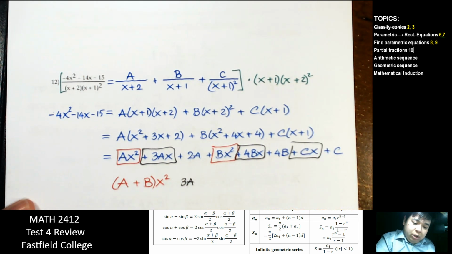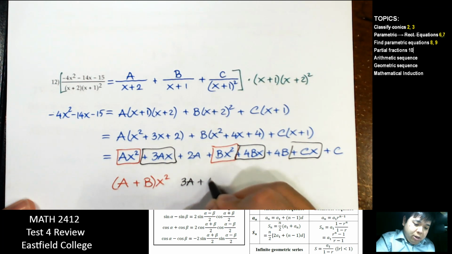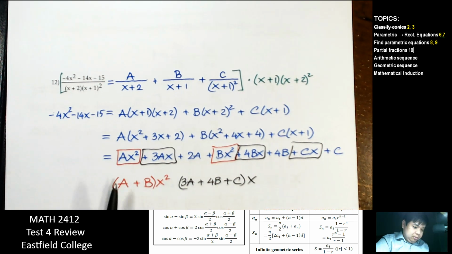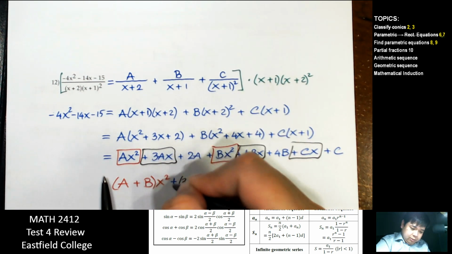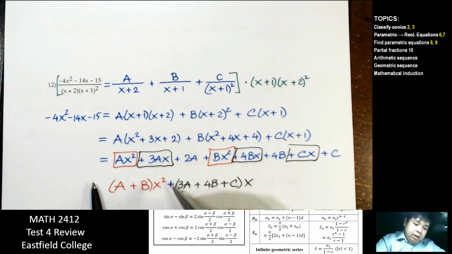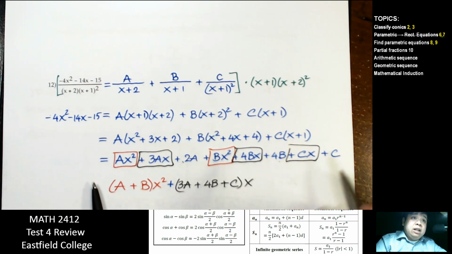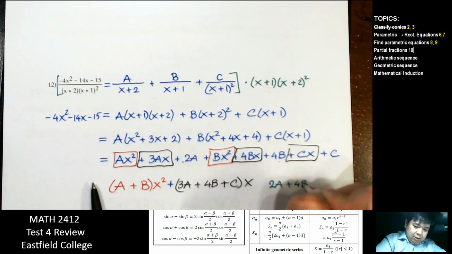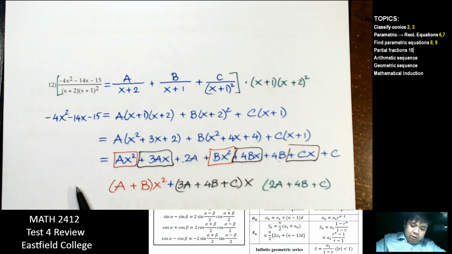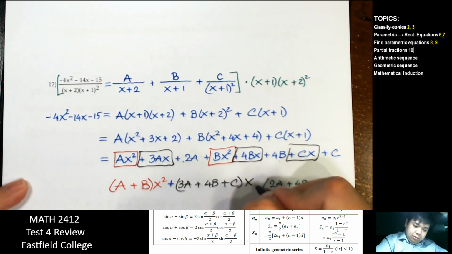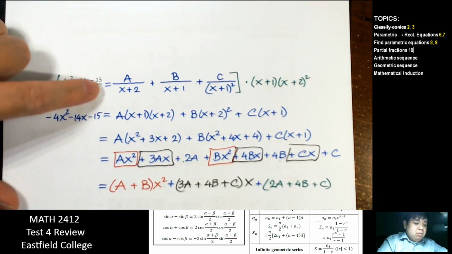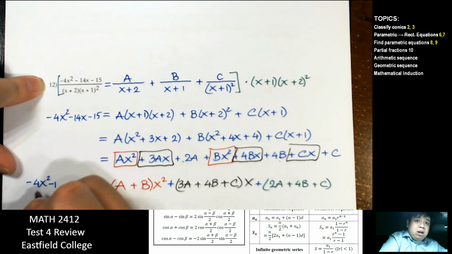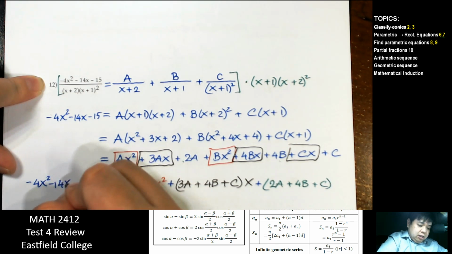Three A, 4B, and a C for x. And then 2A, 4B, and C. And that must be equal to the left hand side of negative 4x squared minus 14x minus 15.